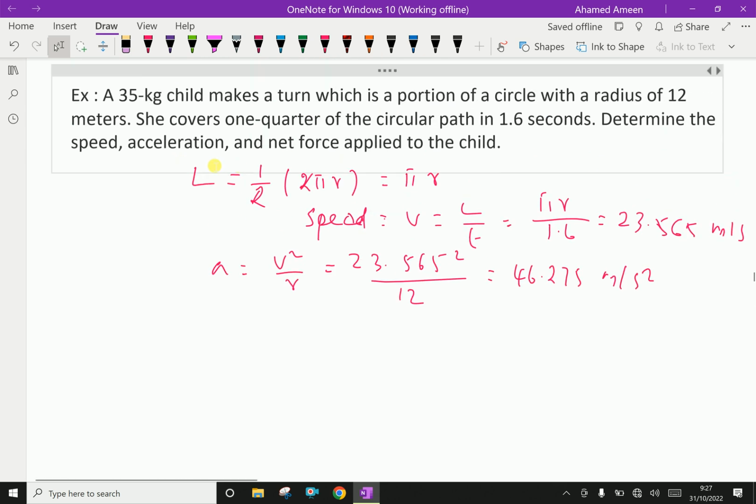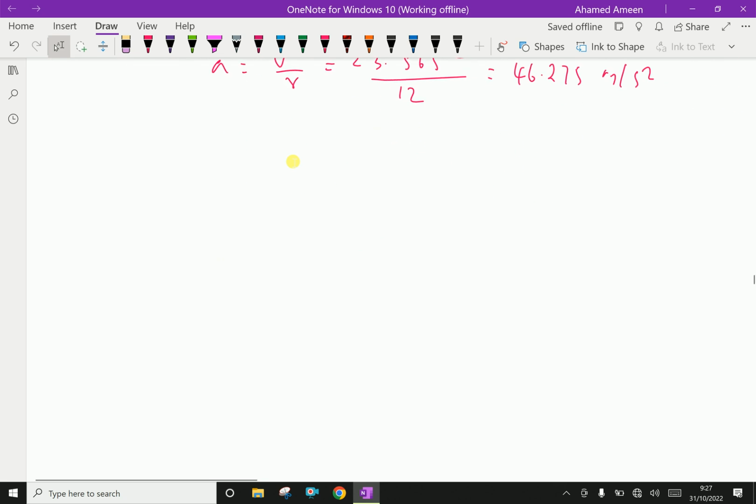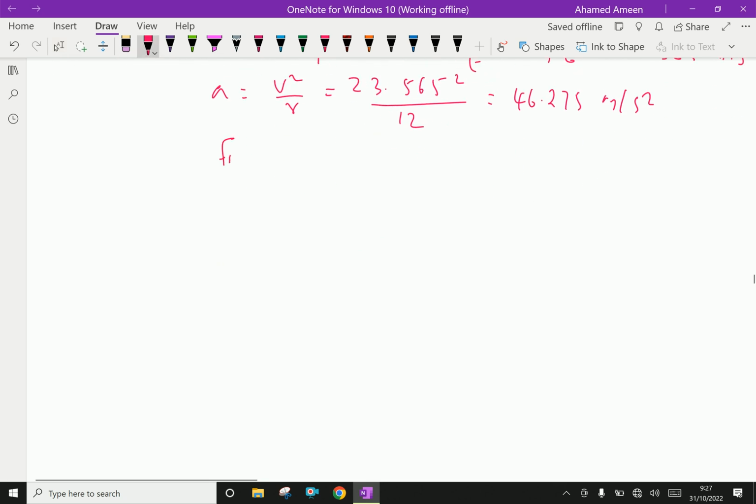Now we calculate the net force. Net force F net equals mass into acceleration.